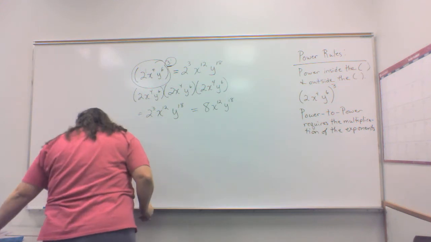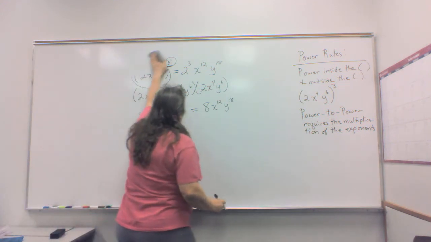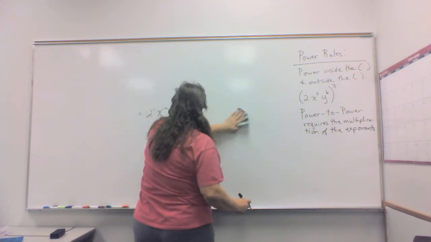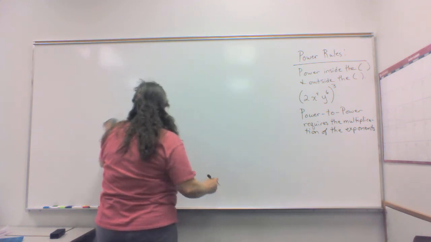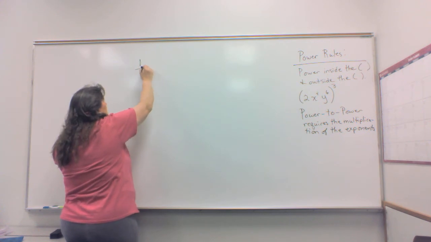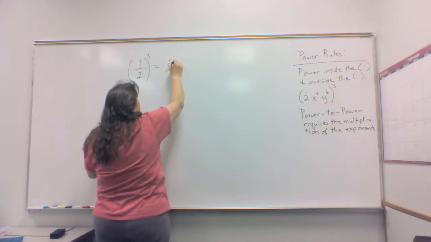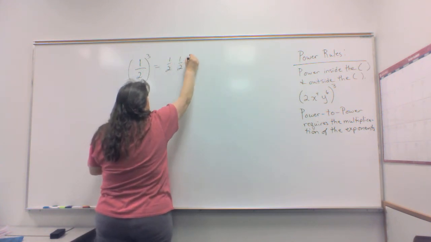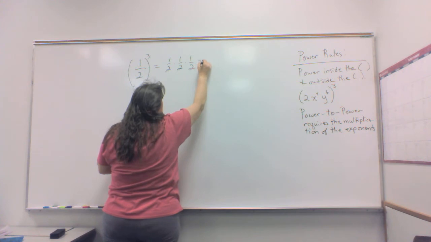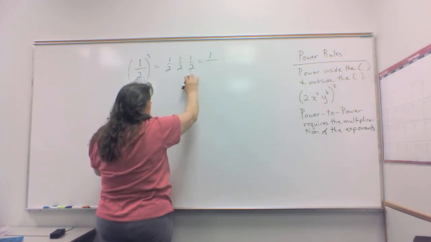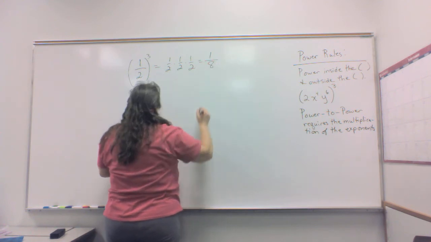Now let's look at another example. What if it's a fraction that has been taken to that power? So let's start with a simple one: 1/2 to the 3rd power. This means 1/2 times 1/2 times 1/2, which would be 1 times 1 times 1, which is 1, over 2 times 2 times 2, which is 8.